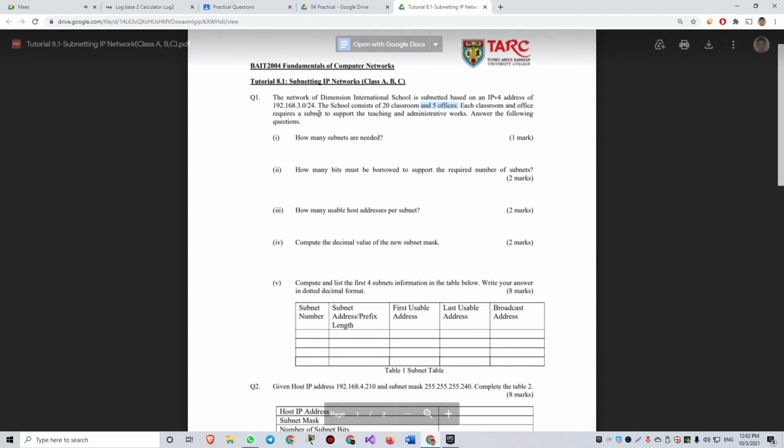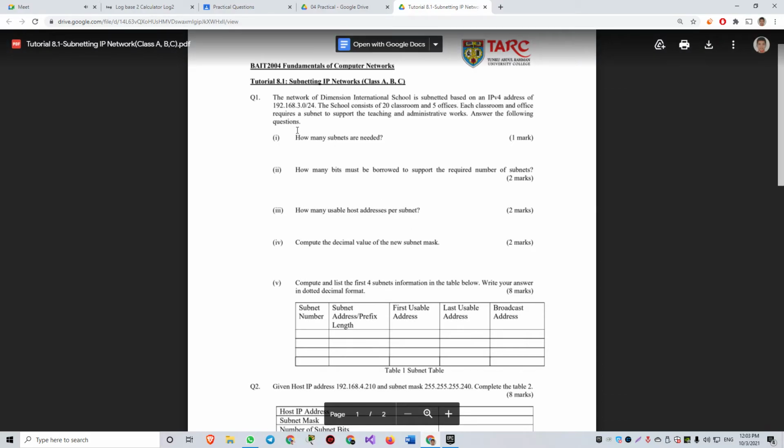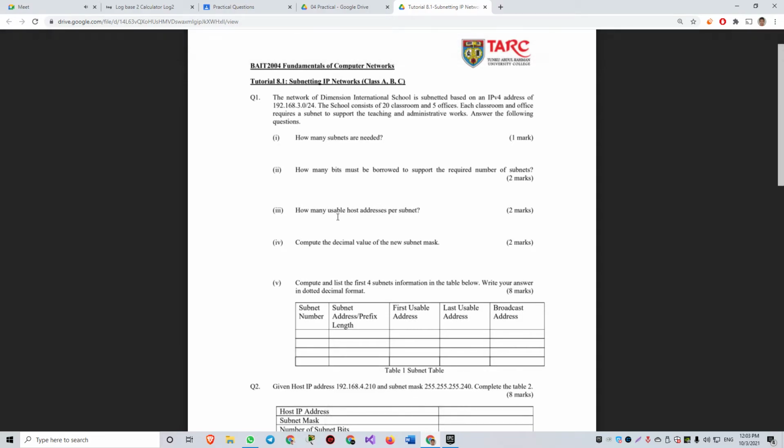So that means 29 is the network part, right? For the subnet mask, all the network part is 1. So you will write it in binary.